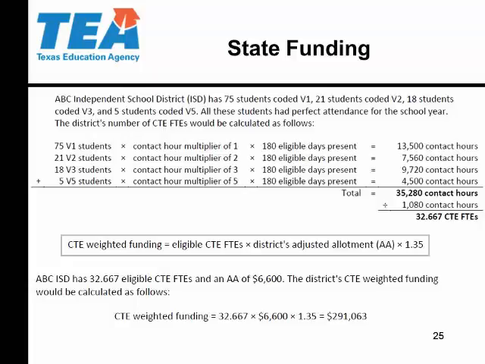We assume that district ABC has 6,600 of an adjusted allotment times the 32.667 eligible CTEs. So their weighted funding times the 1.35 is $291,063. So you can see how your weighted funding for CTE, whether large or small, district or charter, can definitely increase your revenue base for your students that are coded for these contact hours.